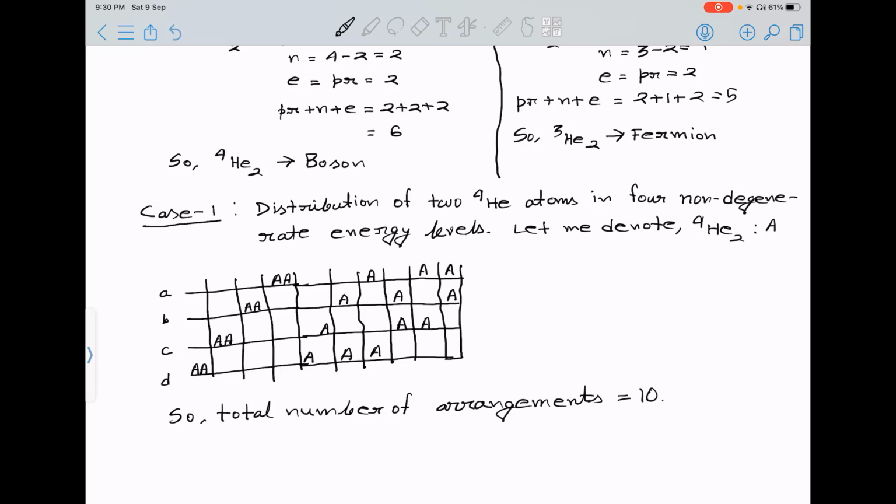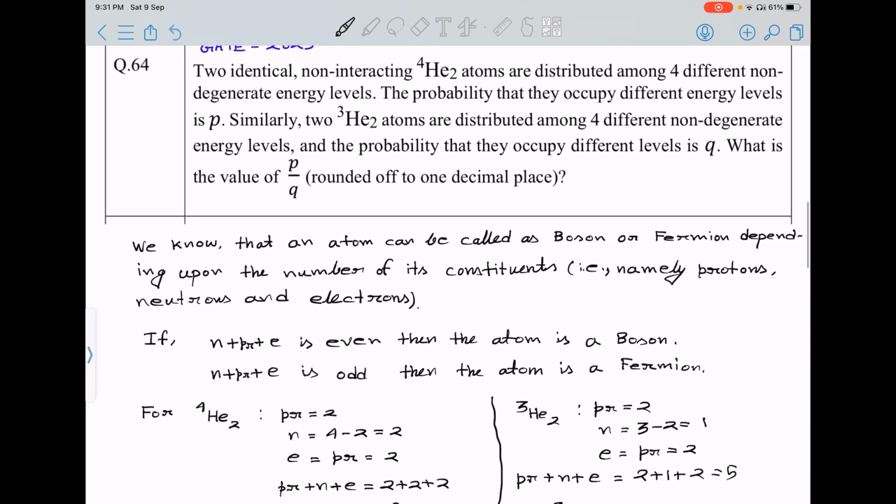So four arrangements where both the atoms are in the same state, and 6 arrangements where both the atoms are in different states. Now what is being asked? The probability that they occupy different energy levels.